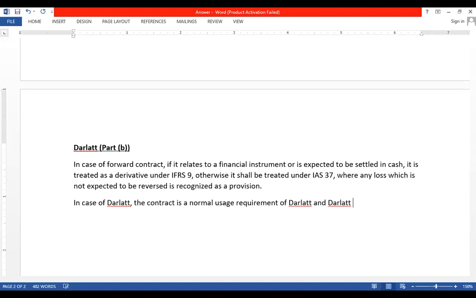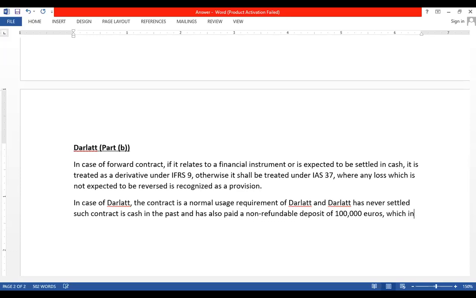And Darlet has never settled such contract in cash in the past, and has also paid a non-refundable deposit of 100,000 euros, which indicates that the intention of Darlet is to take the delivery of steel.